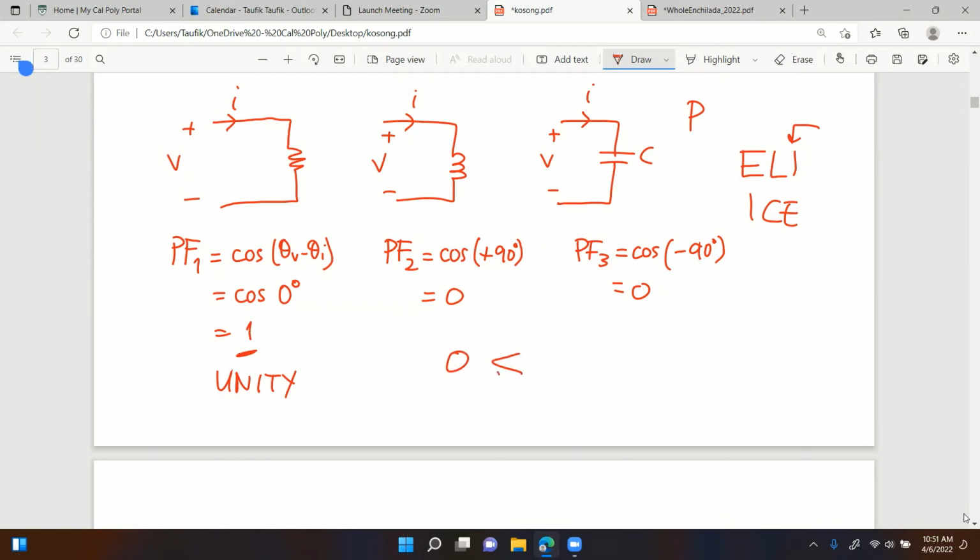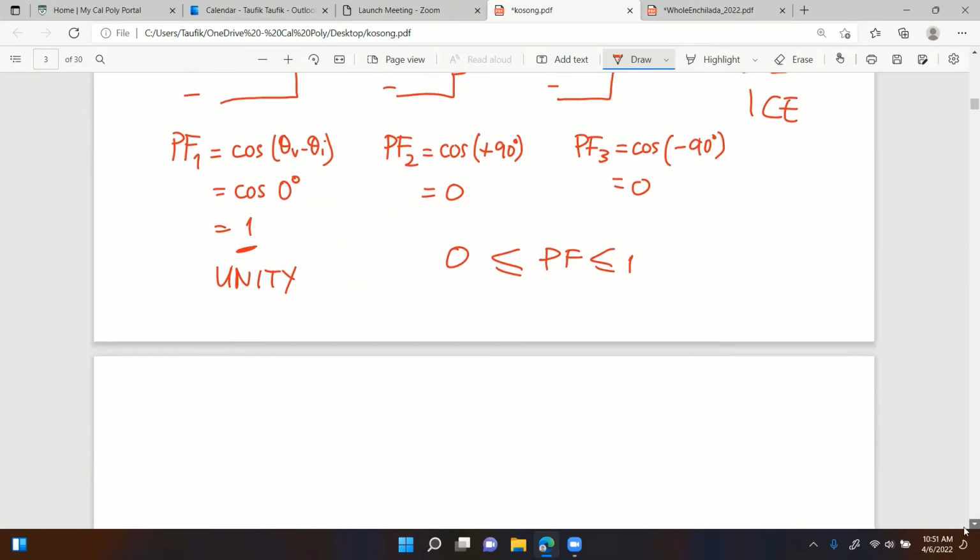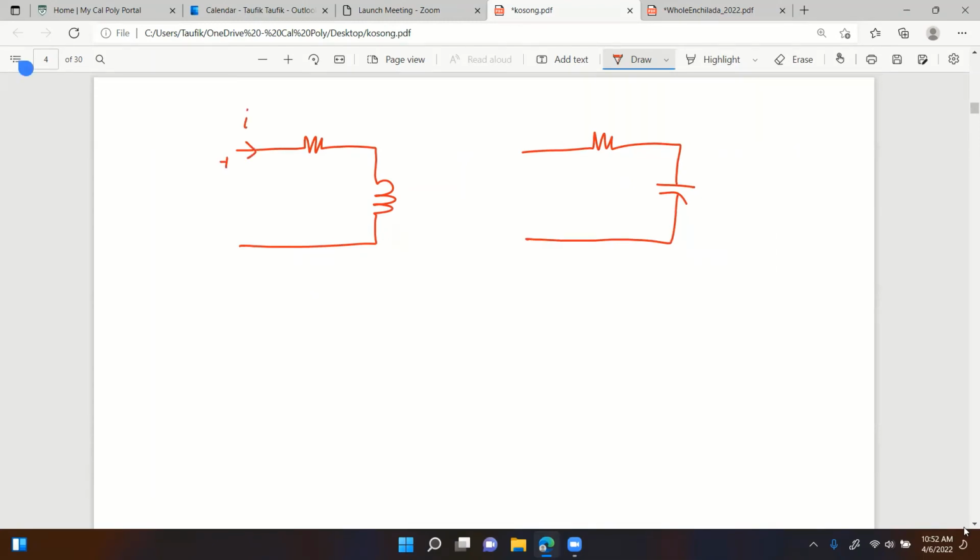Remember, power factor goes from 0 to 1, right? But what if I have this case, right? I have R and I have L, and I have R and I have C, right? Same thing. I have the current there, the voltage there.